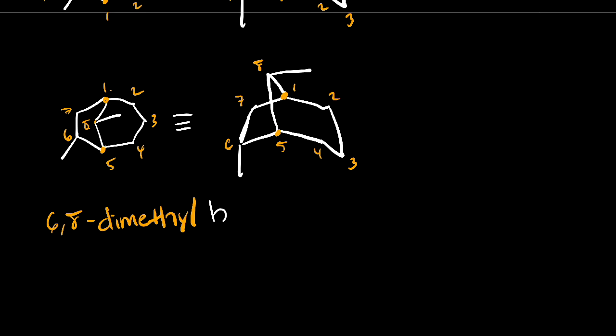We open our parentheses, and the number of carbons in our big chain, we can count those: 1, 2, 3. That's 3. The number of carbons in our medium chain is 2, and the number of carbons in our small chain is 1. Easy peasy. The final one is just your central carbon count.